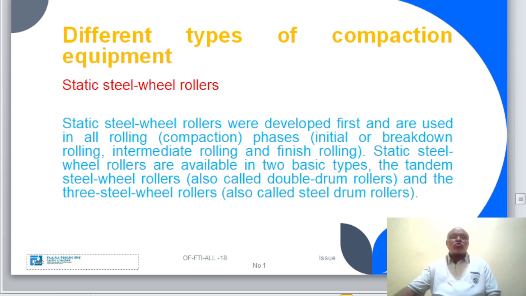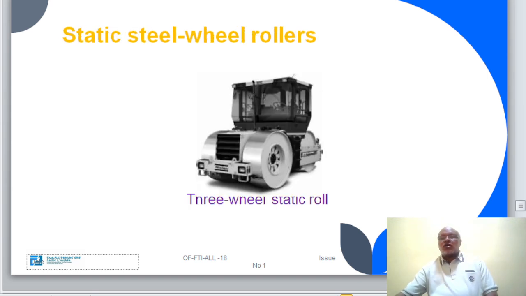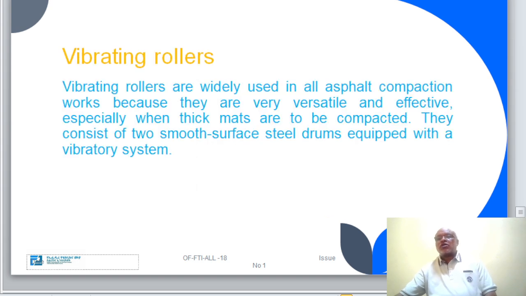The tandem steel wheel roller bears a steel drum at the front and a steel drum at the back, while the three steel wheel roller shown in the figure below bears two steel wheels at the front and a steel drum at the back. Let's see this triple wheel steel static roller.